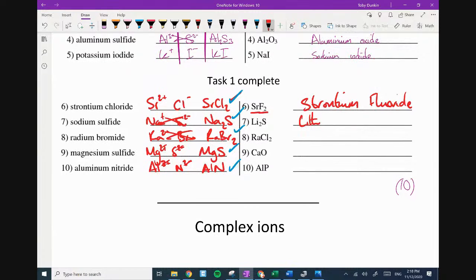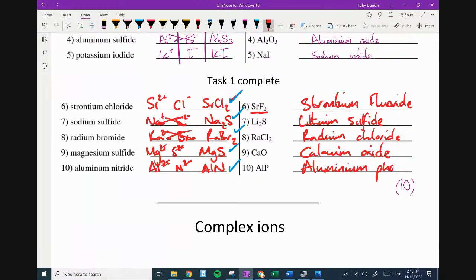Next one, lithium sulfide. Keep doing that. Lithium sulfide, then radium chloride. Radium chloride, and then calcium oxide. Calcium oxide, and then aluminium. This is a tricky one. It's the only really hard one in it.